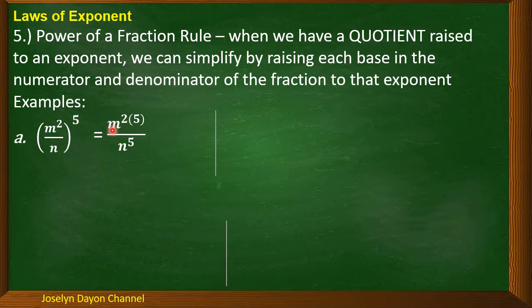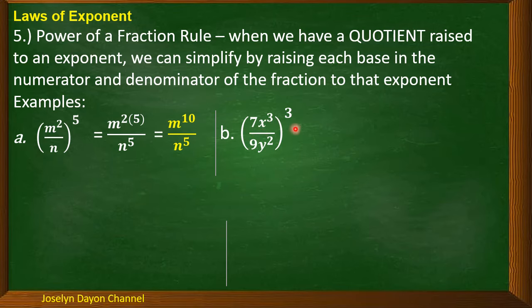So of course, we have here m to the power of 2 times 5, that is equal to 10, over n to the power of 5. So this is now our answer, m to the power of 10 over n to the power of 5. Another example, the quantity of 7x cubed over 9y squared, to the power of 3.